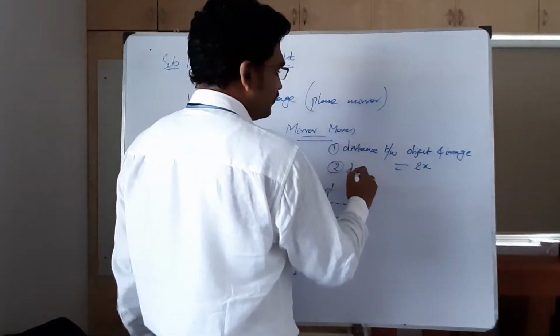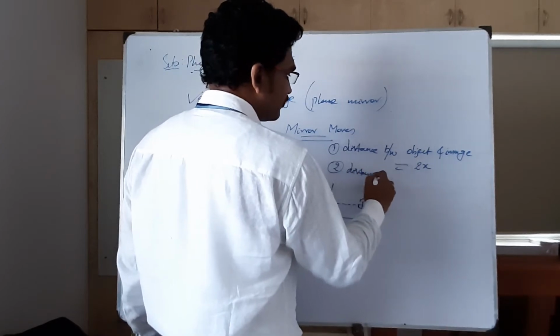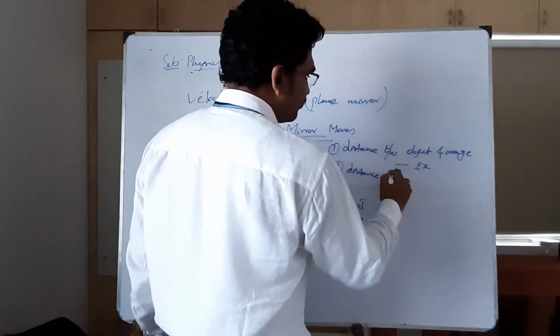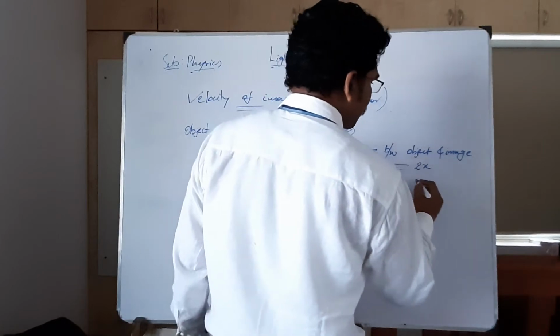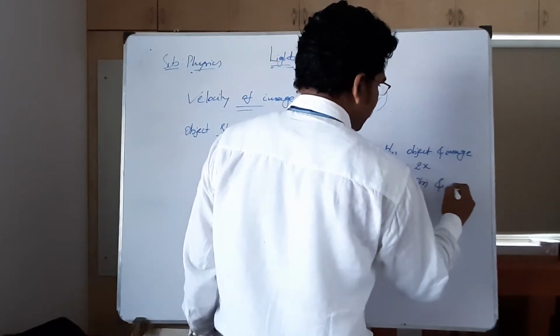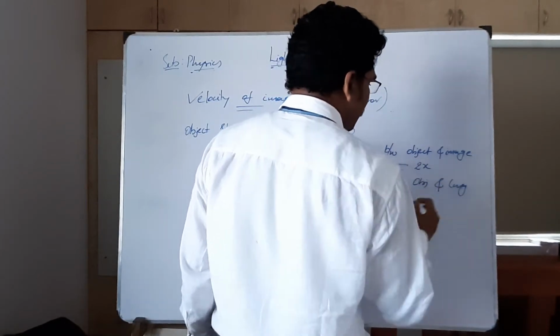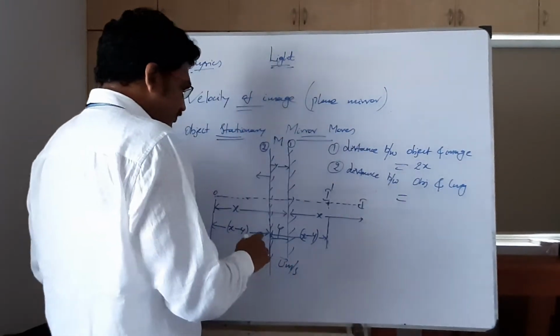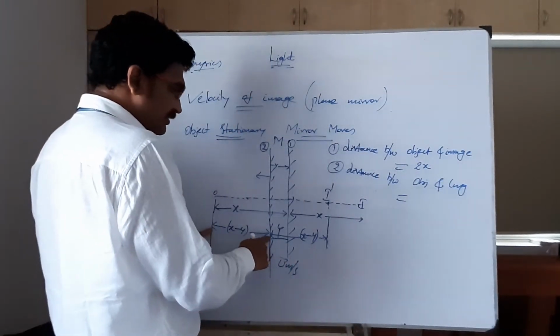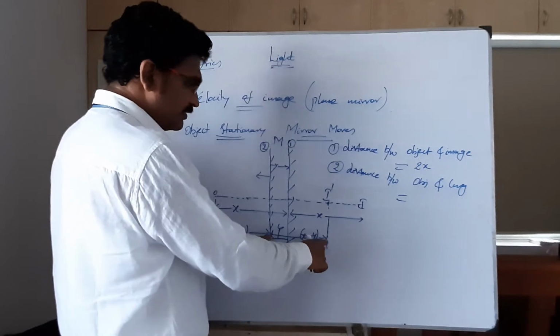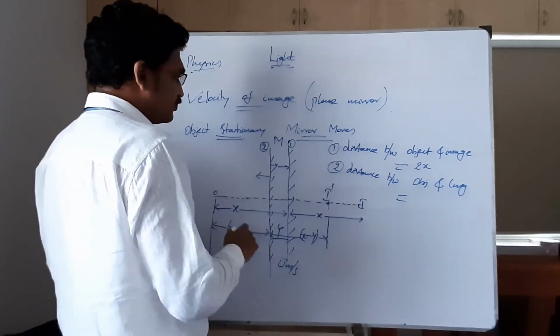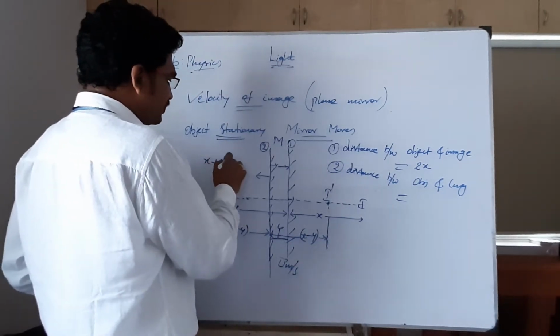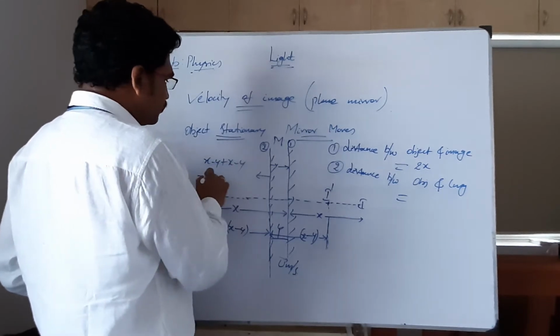Same, if I calculate the distance between object and image, what will it be? So this is the object distance, and from here it is the image distance. x minus y plus x minus y. What is it going to become?